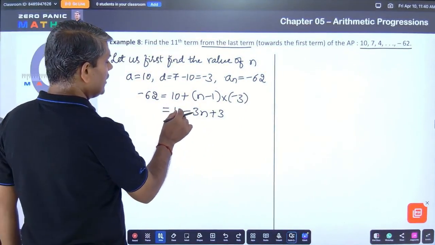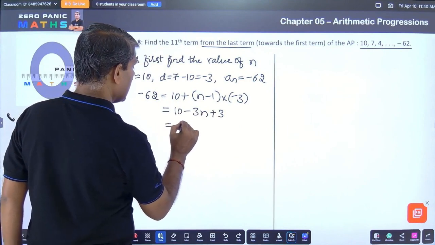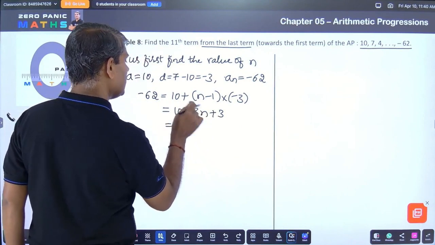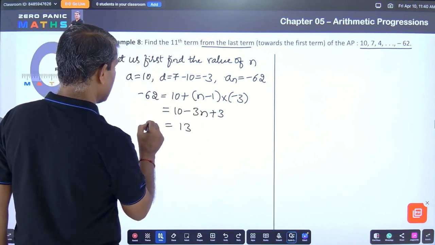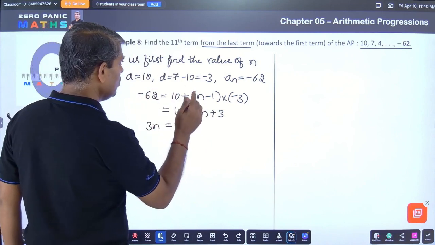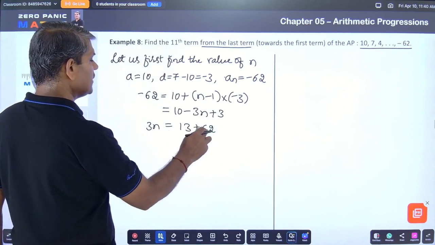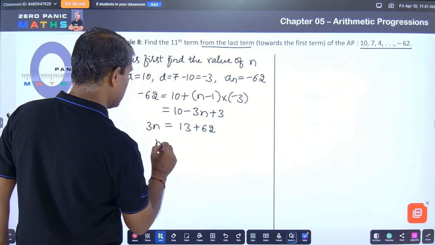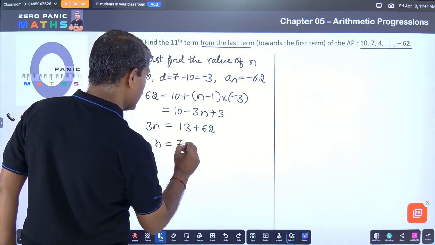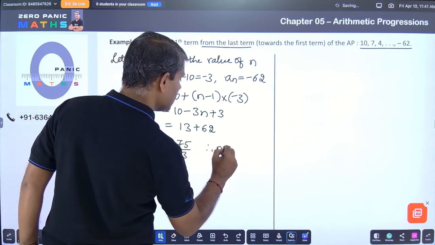It will be 10 plus 3, 13. Keep 13 here only and take minus 3n to this side. It will become 3n, and take minus 62 to that side, that will be plus 62. 13 plus 62 is 75. So n is equal to 75 divided by 3. Therefore n is 25.